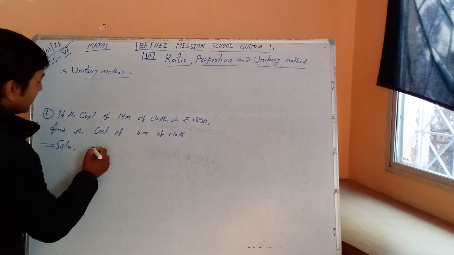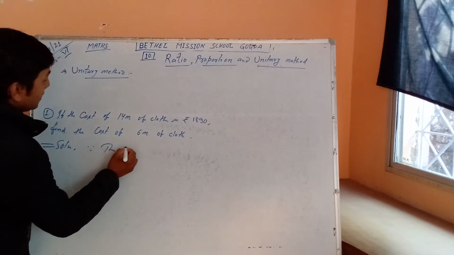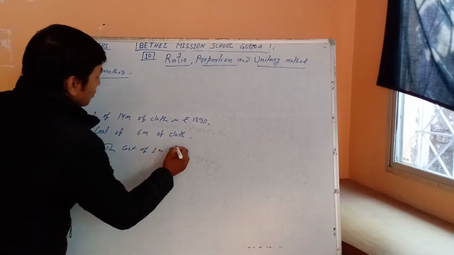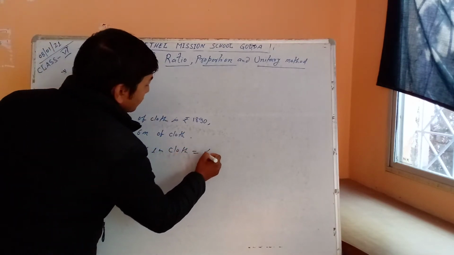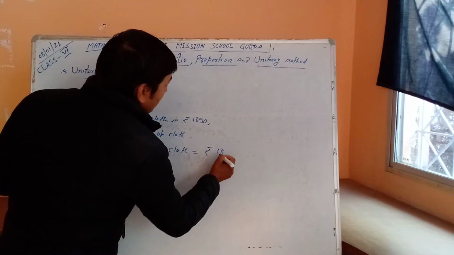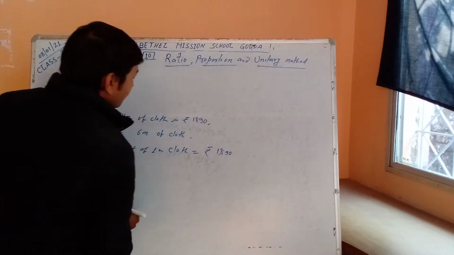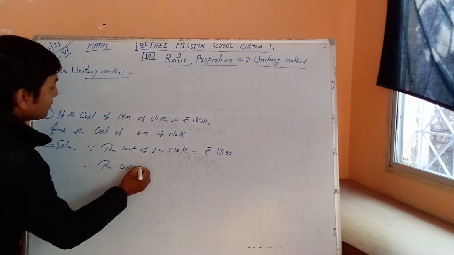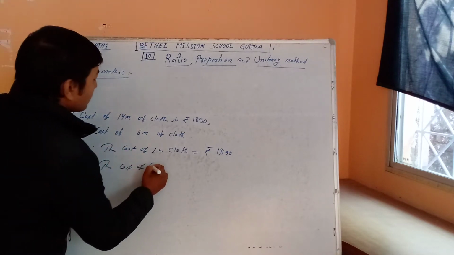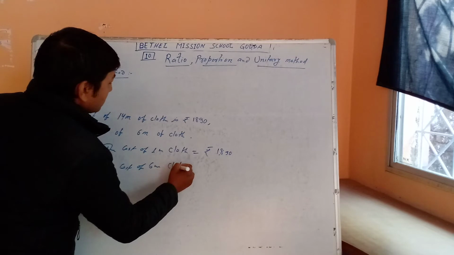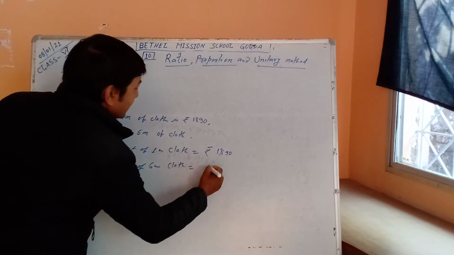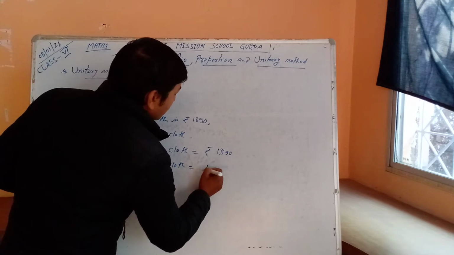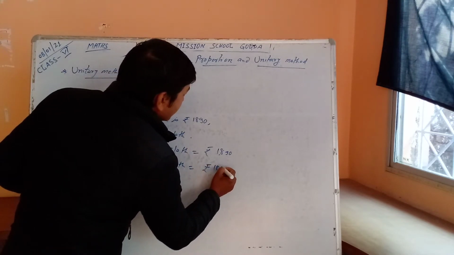Now we start the solution. Since the cost of 14 meters of cloth is 1890 rupees, therefore the cost of 1 meter of cloth is 1890 divided by 14, and the cost of 6 meters of cloth is that multiplied by 6.